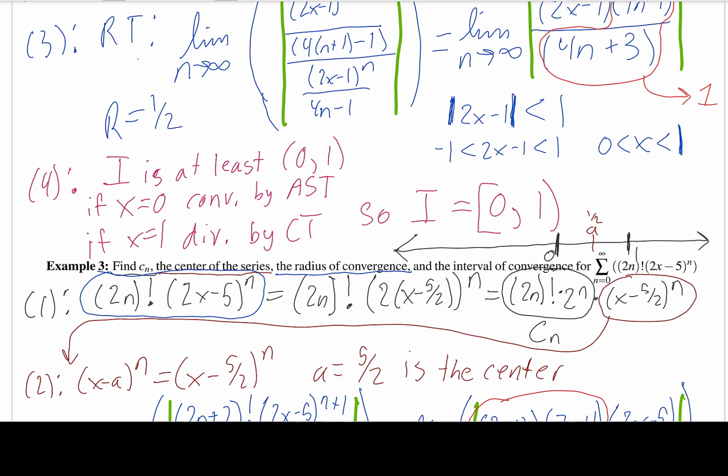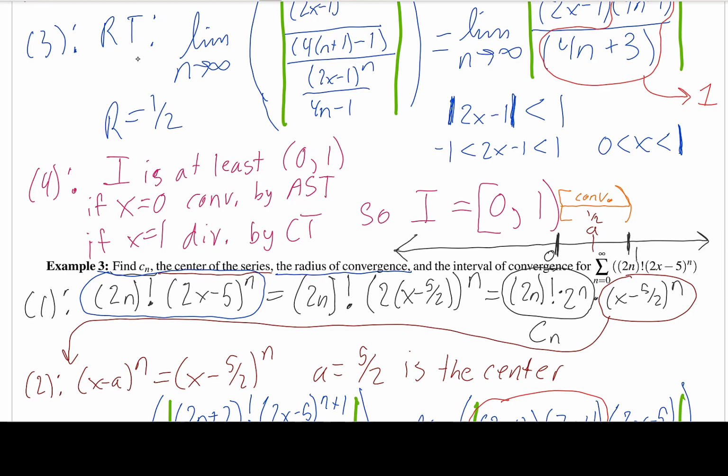So the picture we can kind of get here is that if I use a different color, in this interval right here from 0 to 1, this thing converges. And everywhere else on the number line, this thing is going to diverge. Right? So the reason we call it the center of the series is because it's always right in the middle of our interval of convergence.